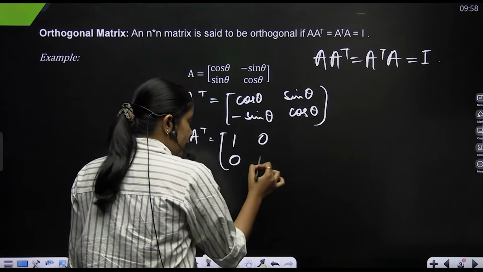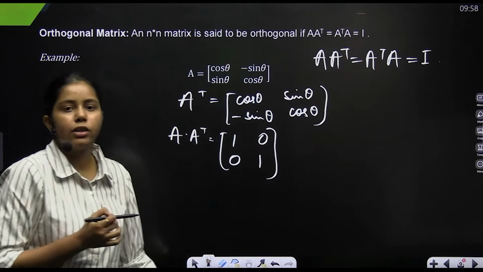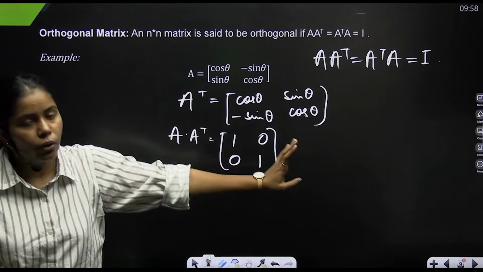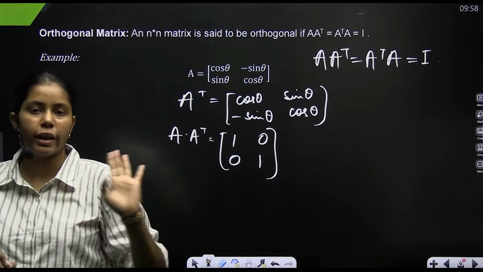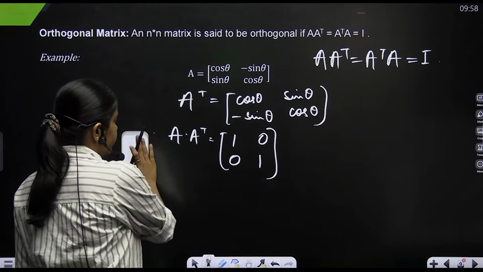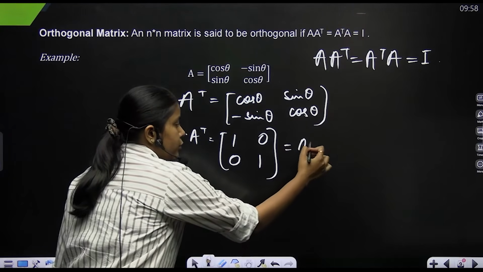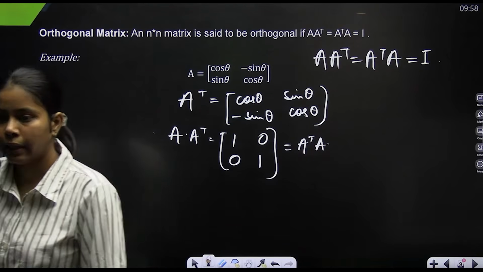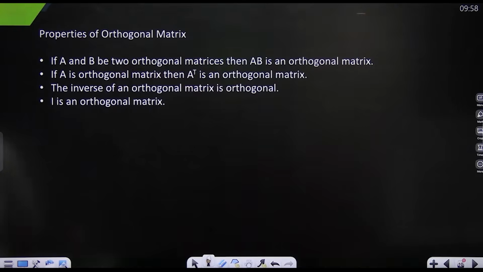So you can check that it would be an identity matrix of order 2 cross 2. So again, a square matrix is said to be orthogonal if A into A transpose or A transpose into A is identity, and you would get the same thing as A transpose A. So these are my orthogonal matrices.